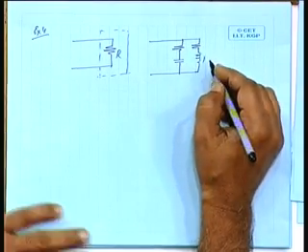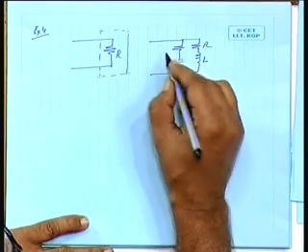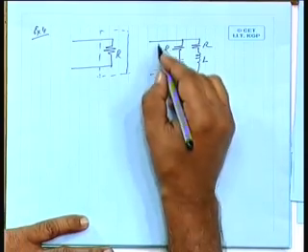There are two black boxes. This is L Henry, R resistance, C farads.